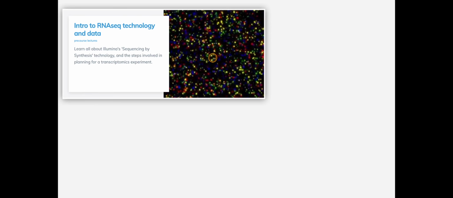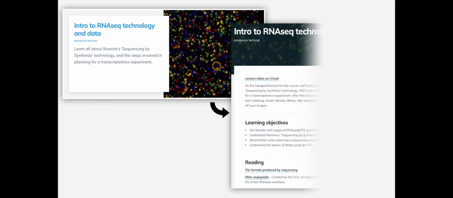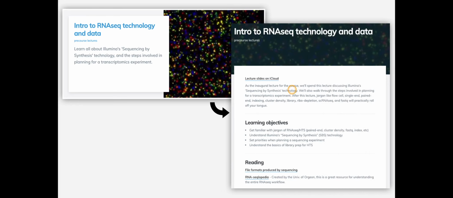Great, so we're going to jump into the lecture, and this is the format we're going to follow for all lectures. Go to the lecture card, click on it to open the lecture page. The structure of these lecture pages is the same for every lecture. At the top is a link to the slides, the actual slides you're viewing now in the video, that you can open in iCloud and follow along, and that gives you access to all the links in the slides as well.